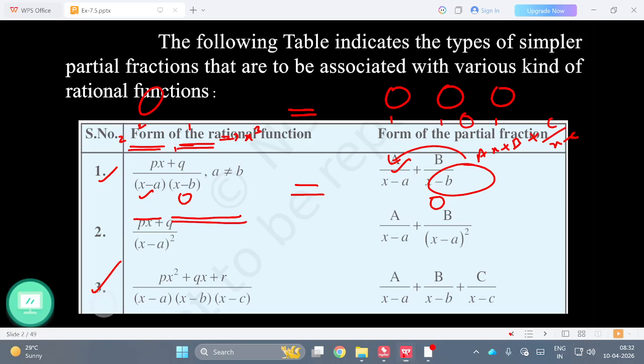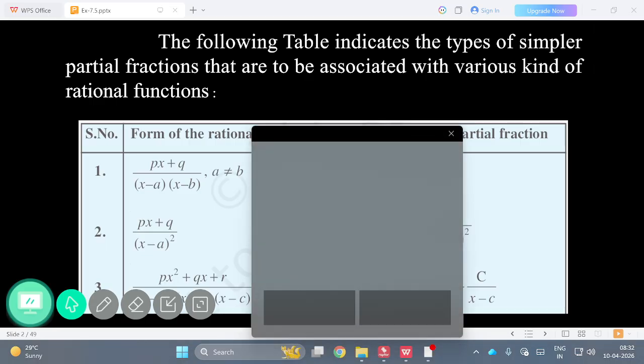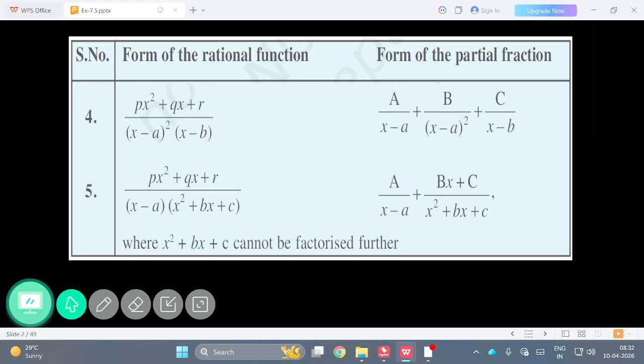Second type is repeated. Third type is repeated also, different factors. Fifth type is unable to factorize. These are the four types. Okay.